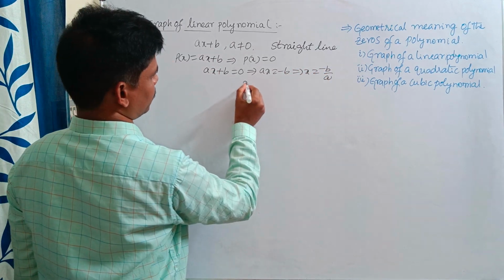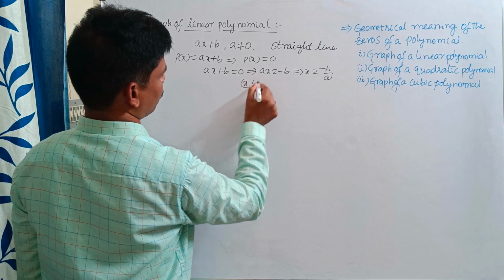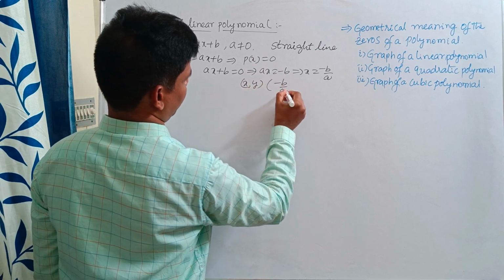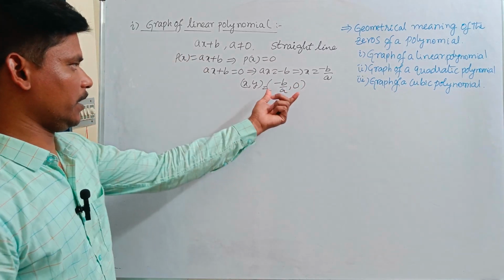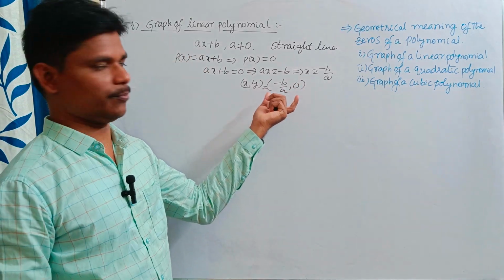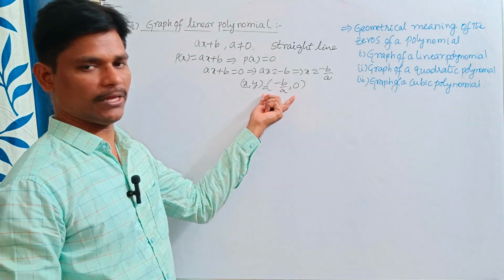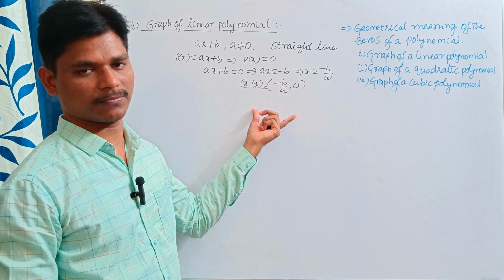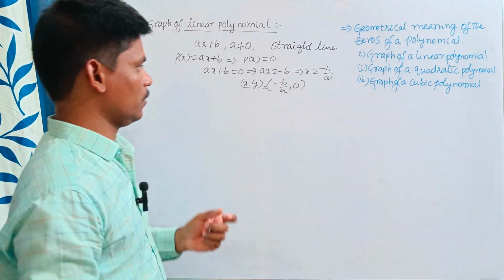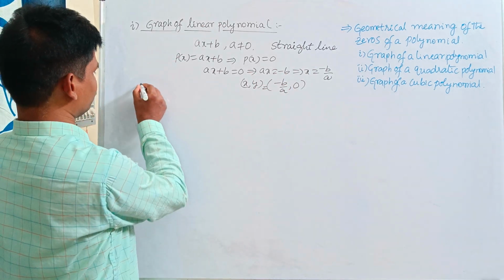So the point is minus b by a comma 0, which is exactly where it intersects the x-axis.